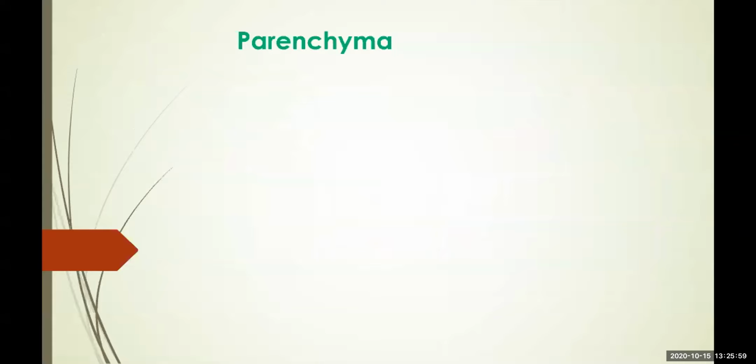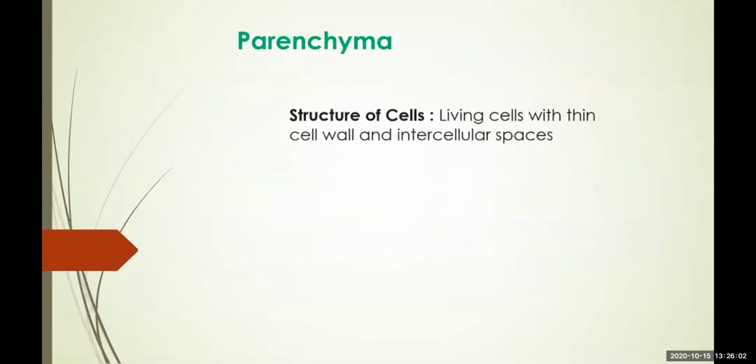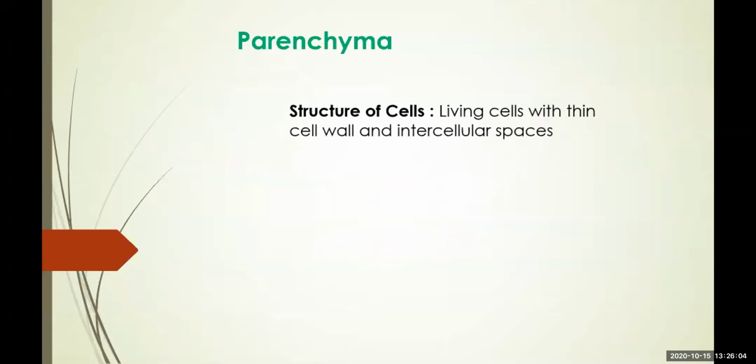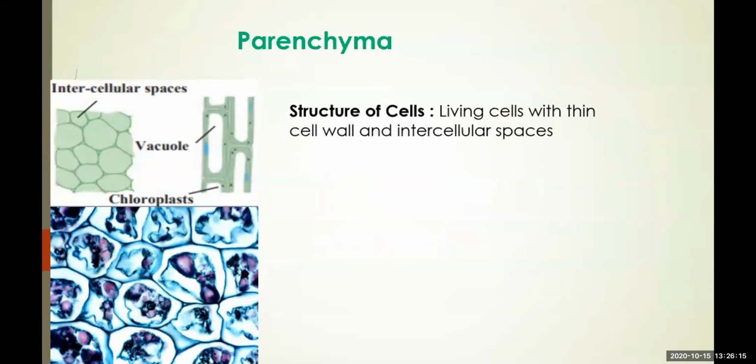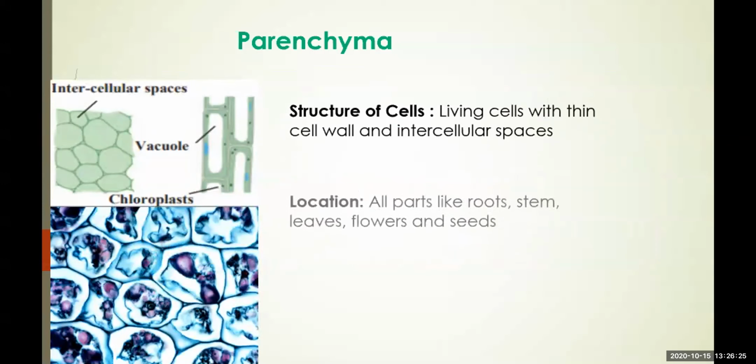Now let us study in detail about parenchyma. If we talk about the structure, these are living cells with thin cell wall and intercellular spaces. This is how it looks, and this is how it will look under the microscope. This is the stained slide, compactly arranged parenchyma cells with rich cytoplasm.